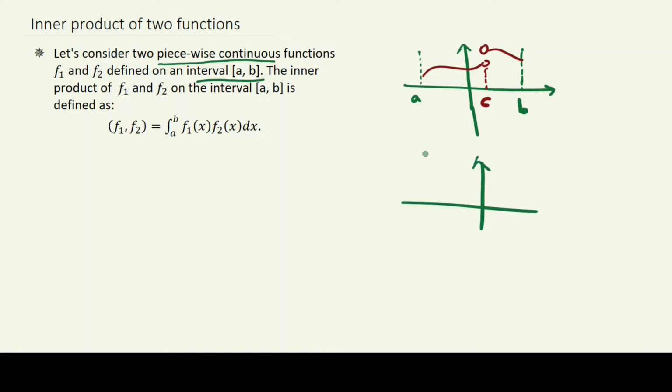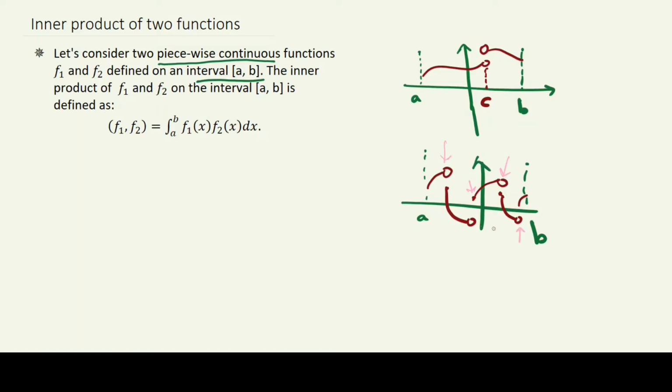If this is the interval a to b, your function can be something like this, having a discontinuity here, and then another one here, another one here, and another one here. So this function is discontinuous at this point, here, here, and here.